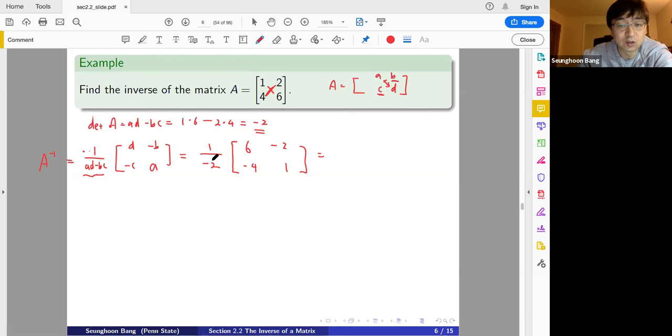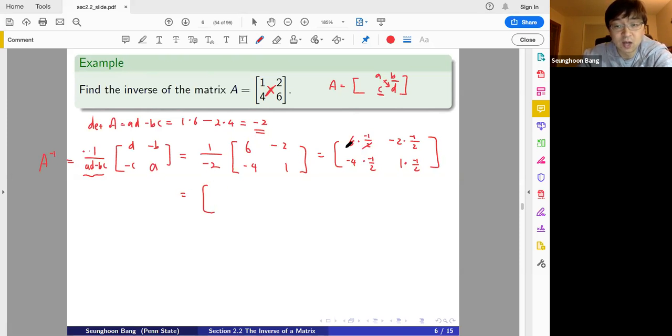Next, you distribute 1 over minus 2 to each entry: 6 times negative 1 over 2, negative 2 times negative 1 over 2, negative 4 times negative 1 over 2, and 1 times negative 1 over 2.